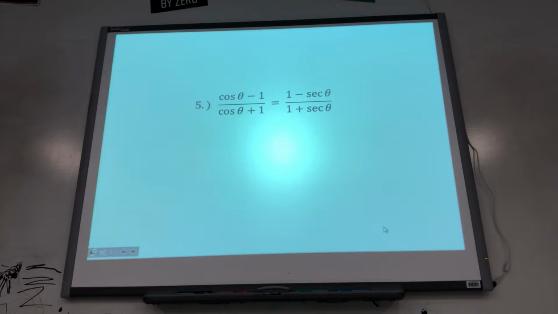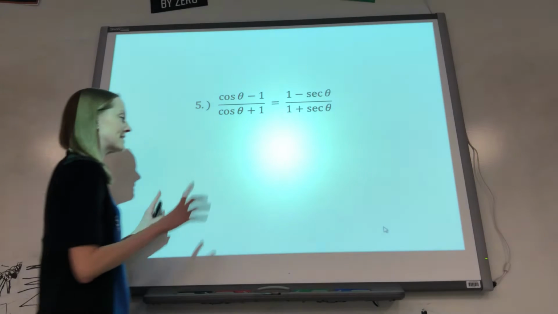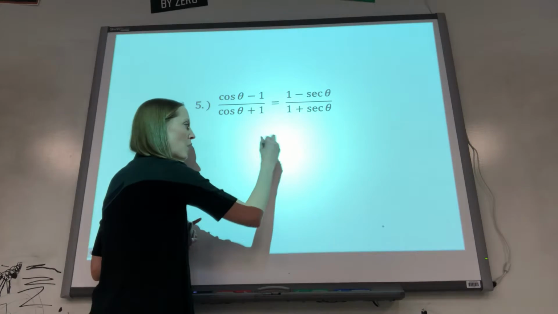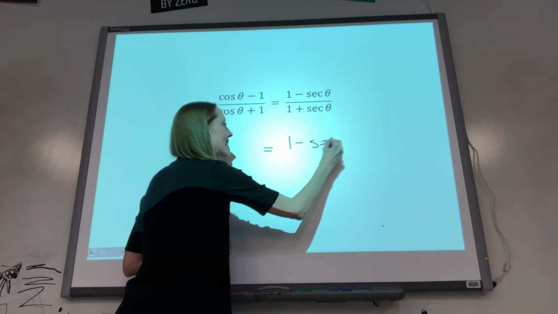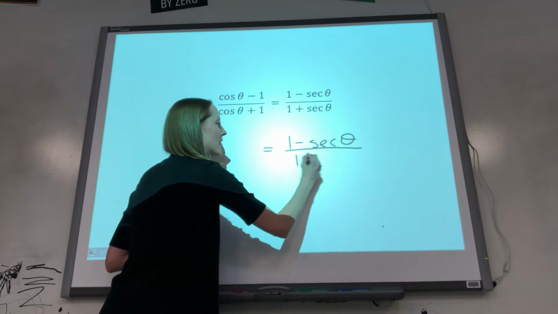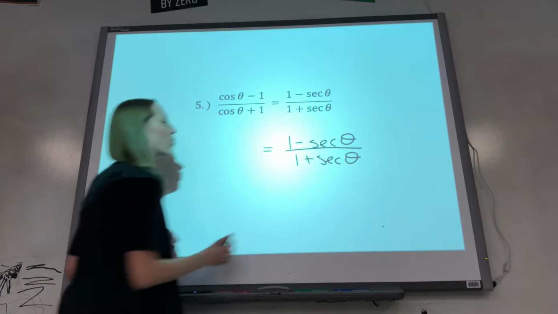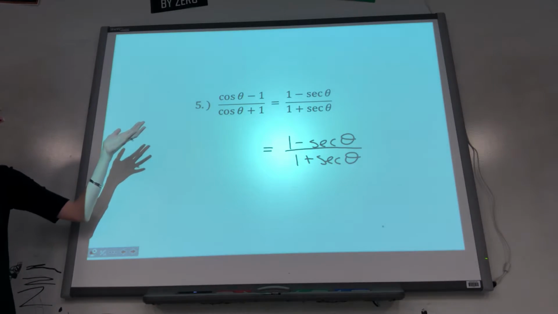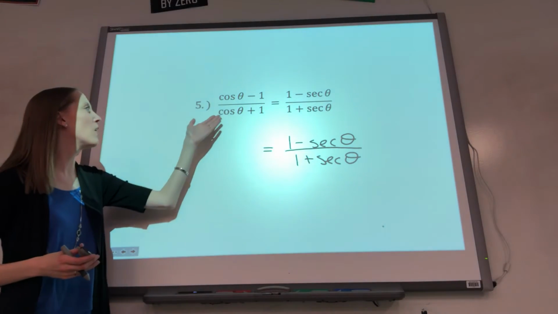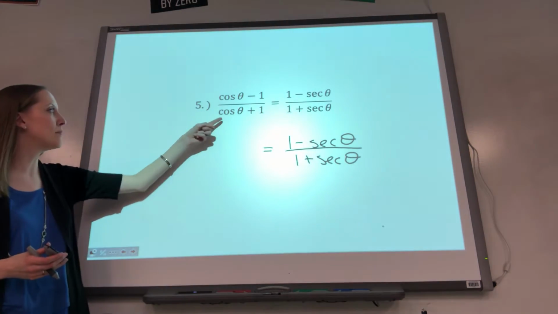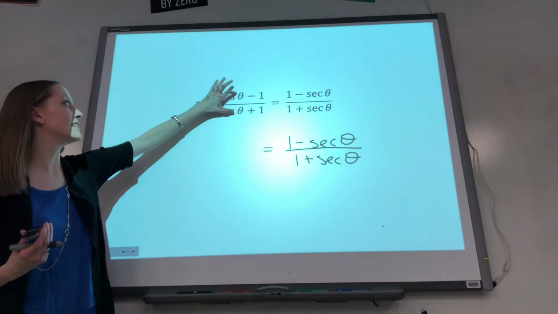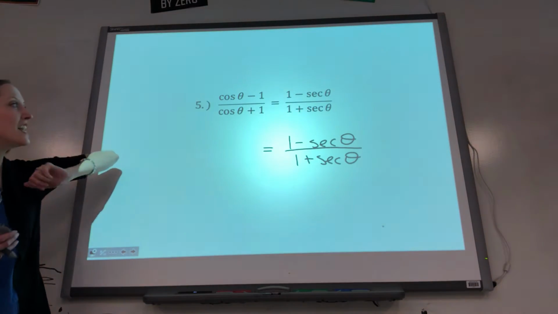Now, I'm going to go against my word a little bit on this problem. If we kept the right side and only worked on the left side, there's like nothing I can do over here to make this look any better. These are not Pythagorean identities because these cosines are not squared.